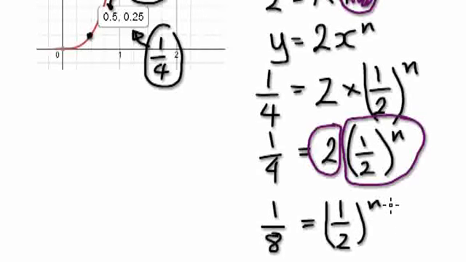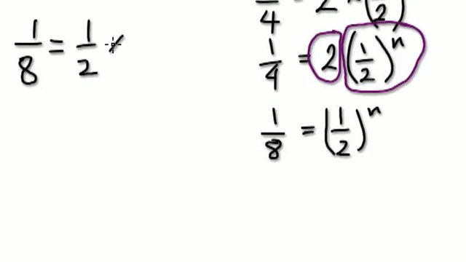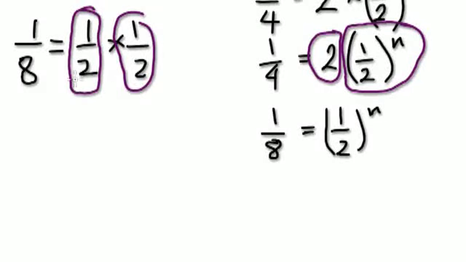Now it's just a matter of working out what n is. So let's say n is 2. It will be a half times a half, getting it and multiplying it by itself twice. Will this give you 1 over 8?